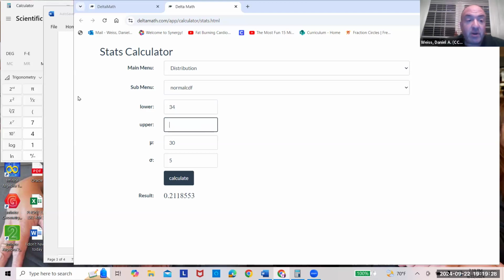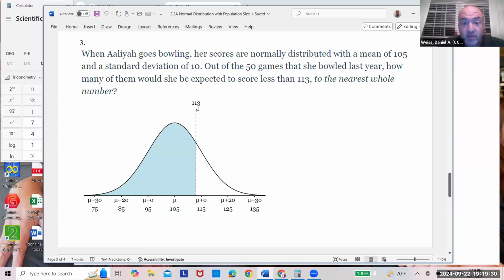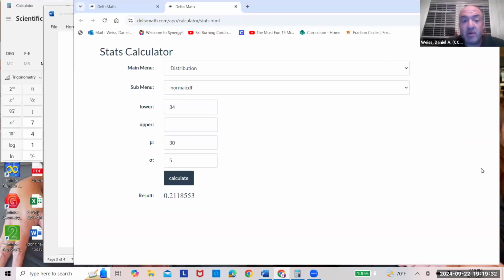The upper number is 113. That's the upper number. So we're going to put in 113. Okay. And the lower number, remember how we used 9999999? Well, in the negative direction, it's going to be negative 999999999. Okay? So put in a bunch of nines, but make sure you put in the negative.